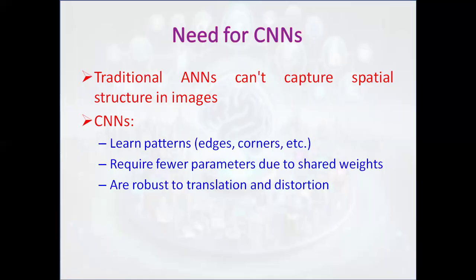Since the same filter is used across the entire input image, CNNs require fewer parameters, making the models efficient in terms of memory and computation. CNNs are also robust to small changes in input like rotation or translation, making them more adaptable and accurate for real world images.